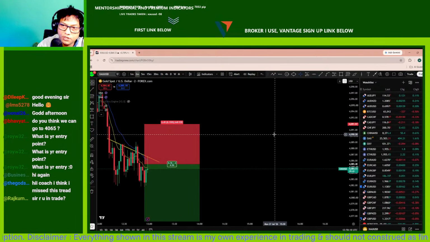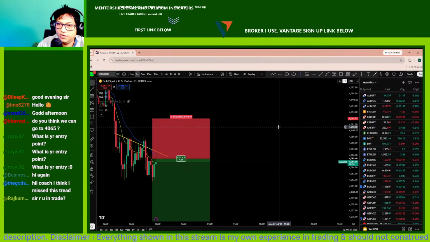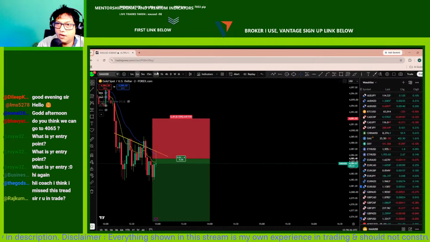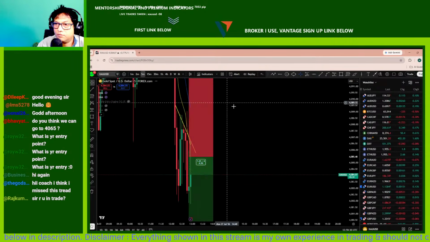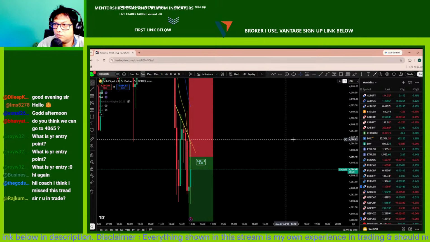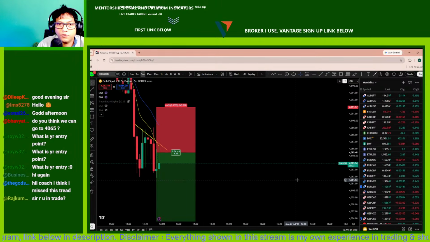Okay, out at entry, we'll see what kind of market structure it is creating. It's very interesting price action being formed.